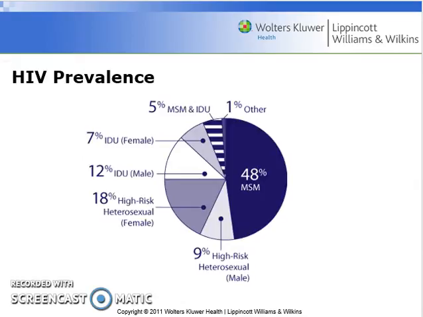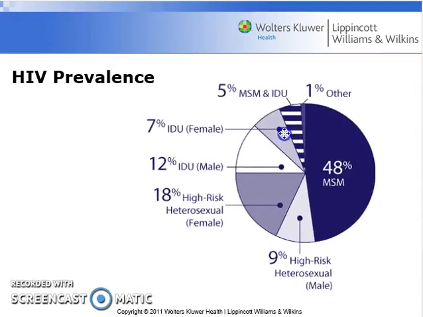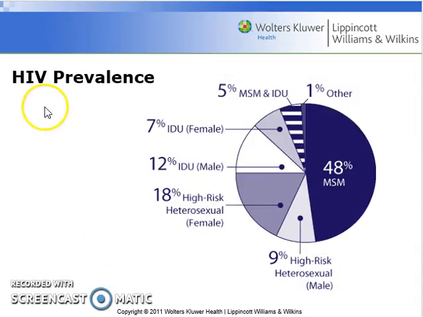So one example that we can talk about is HIV prevalence. This diagram is kind of old, it's from 2011. But in this diagram, we're looking at the prevalence of HIV among females as well as males. And these females and males have been grouped into subcategories.